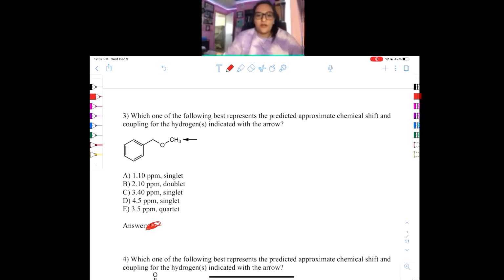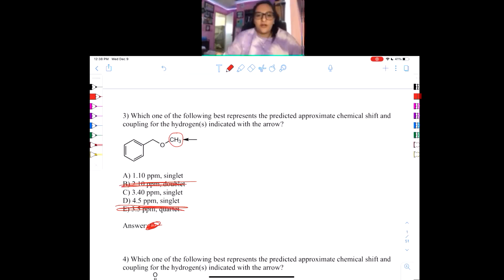No. So as far as lecture goes, we are not going to split through the heteroatom. Lab is a little bit different, but you'll deal with that when you get there. So, if we cannot have any neighbors, we can't split through a heteroatom. What does this signal have to be when we're talking about splitting and multiplicity? Yes, it has to be a singlet. So we can automatically get rid of all the answer choices that are not singlet.